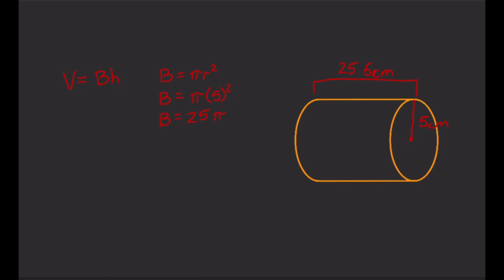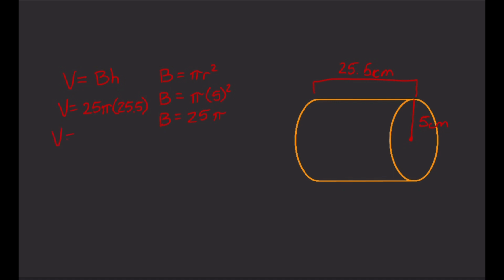Now I'm going to keep on leaving this here as 25 pi and just go ahead and plug it in. So volume in this case equals 25 pi times the height, which is 25.5. So let's go ahead and multiply that out here.